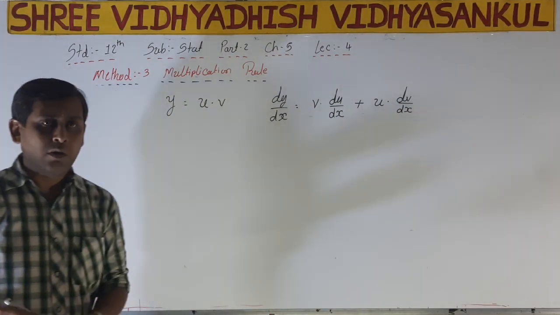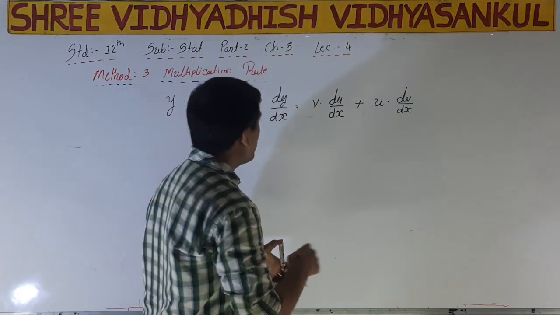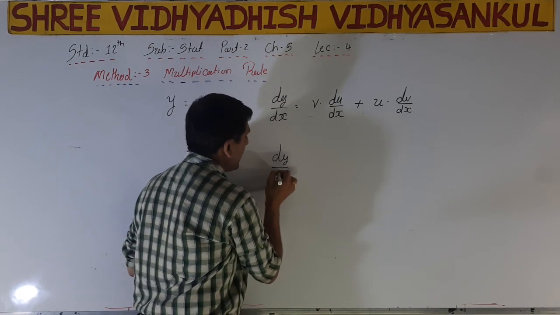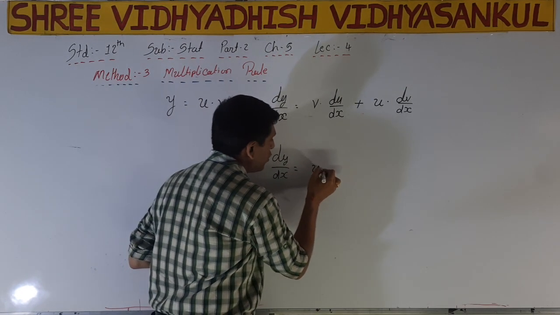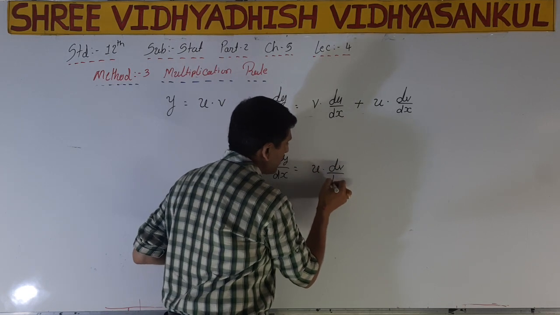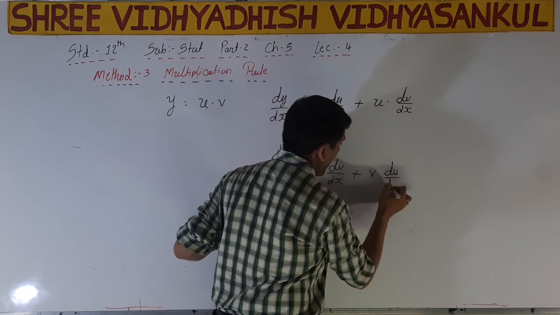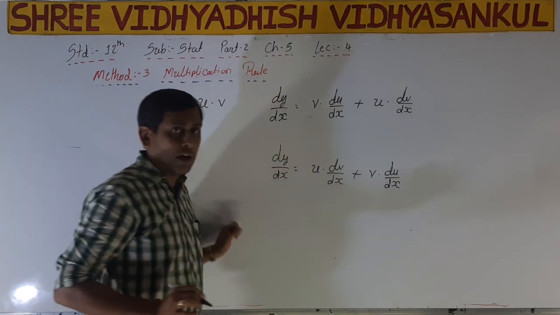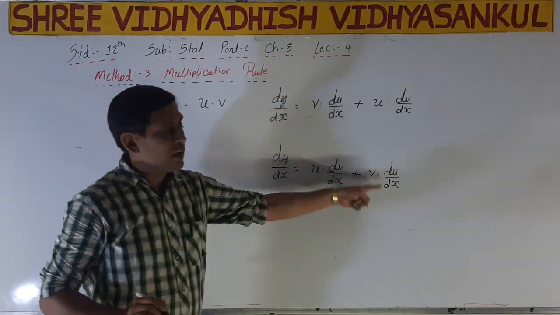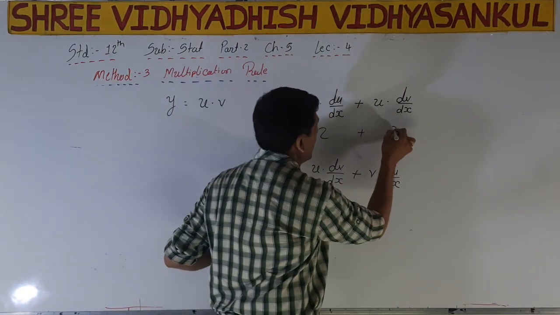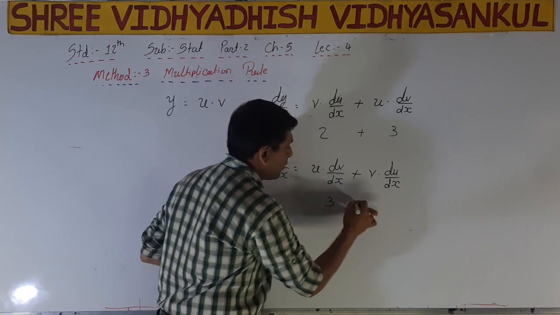See, in the textbook the rule is somehow different. Here in the textbook, dy by dx is equal to u into dv by dx plus v into du by dx is given. So see here, there is no change in the formula. You can say this one is 2 and this one is 3, then you can say here 3 plus 2.